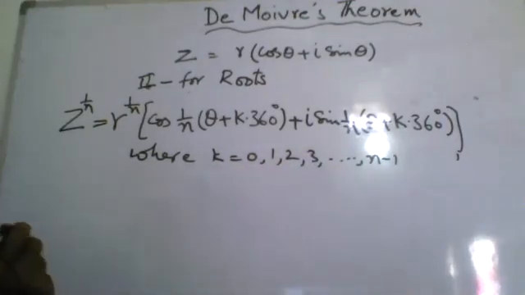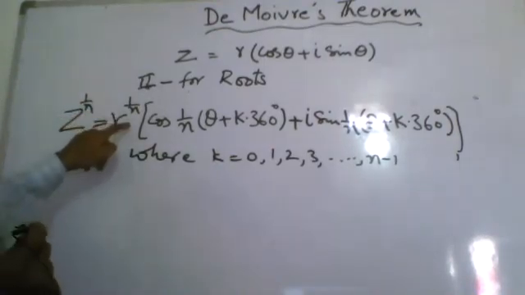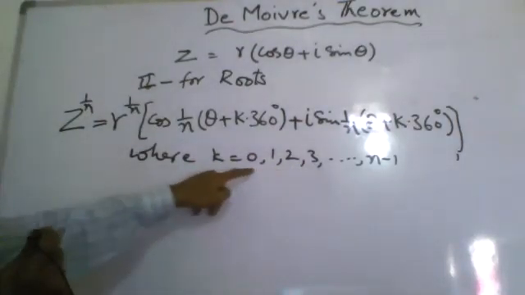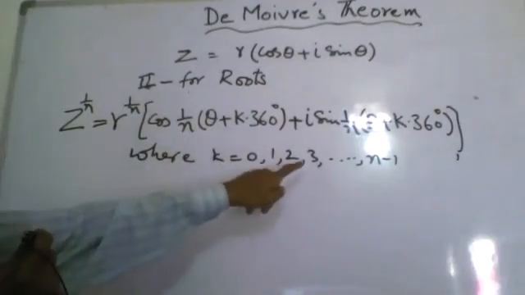For example, we are finding the fourth roots. So n will be equal to 4, fourth root means 1 over 4. So we will take 0, 1, 2 and up to 3. So 4 answers are required. N minus 1, 4 minus 1 will be 3, so we'll take up to 3.